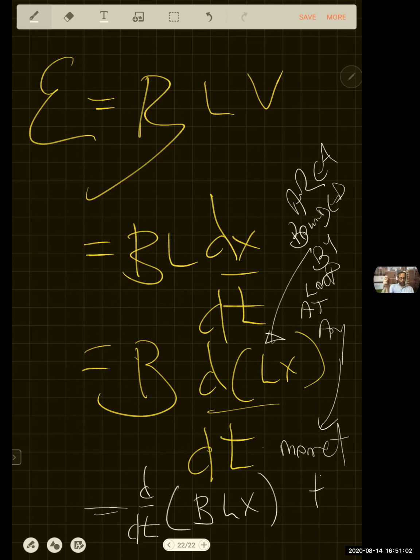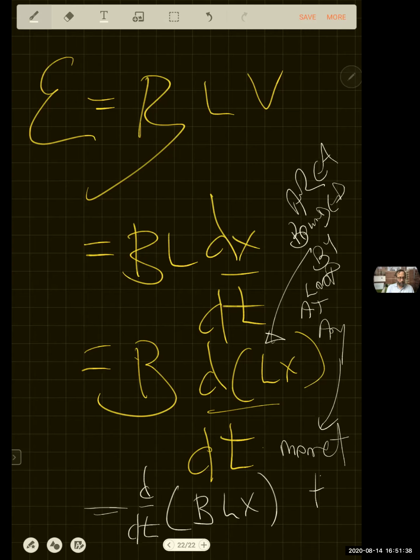At any moment, we have some rectangle. Whatever amount of magnetic field lines are penetrating through that rectangle, that's what we call magnetic flux, the number of magnetic field lines flowing perpendicularly through some area, in this case the area of the rectangle. So at any given moment, there's a total magnetic flux going through that rectangle. The rate at which that total magnetic flux is changing, in this case the rate at which the rectangle itself is changing in time and thereby opening up more and more magnetic flux, that rate is what I have written right here.